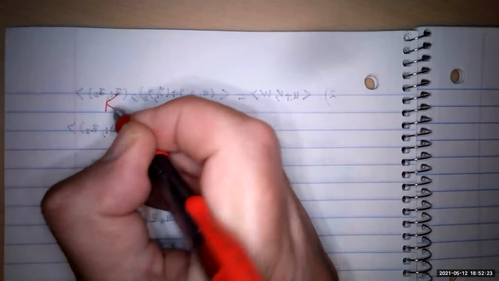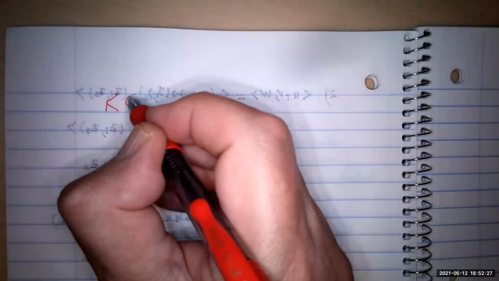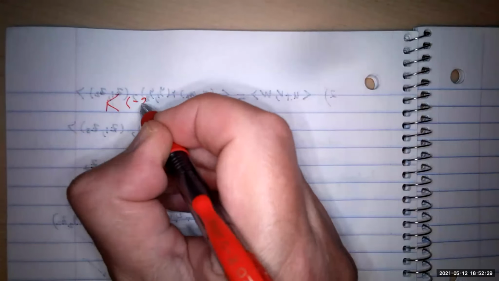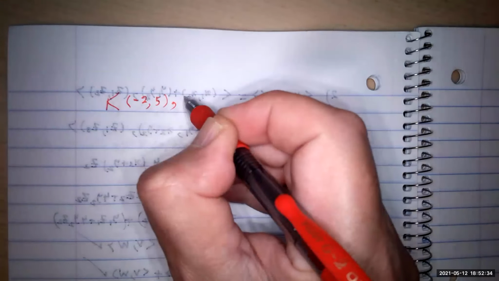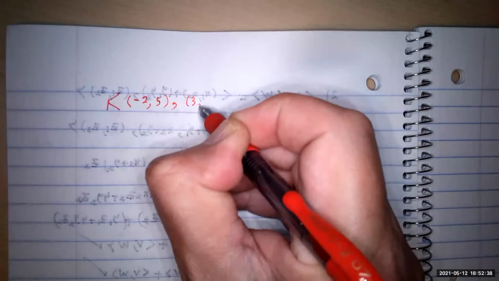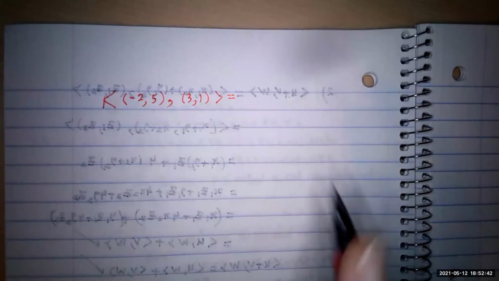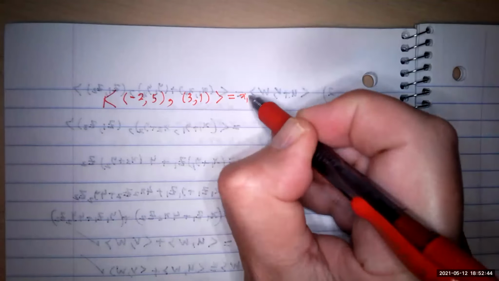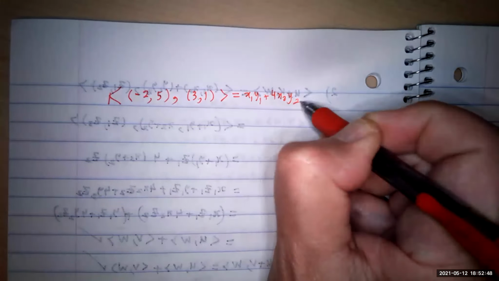So you want to find the product of the first vector, negative 2 comma 5, and the other vector, 3 comma 1. You know that the result was x1 y1 plus 4 x2 y2.